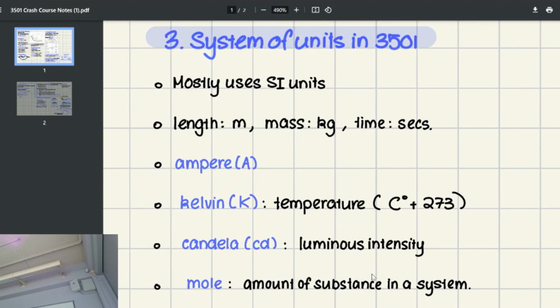And then a mole is just another word to describe the amount of a substance in a system. So let's say you were determining the amount of a certain chemical in a water body, you would use moles because they tend to be more convenient to use when you're working with really small amounts of substances. If you're doing a lot of chemistry in the future, you'll hear that one thrown around a lot as well.